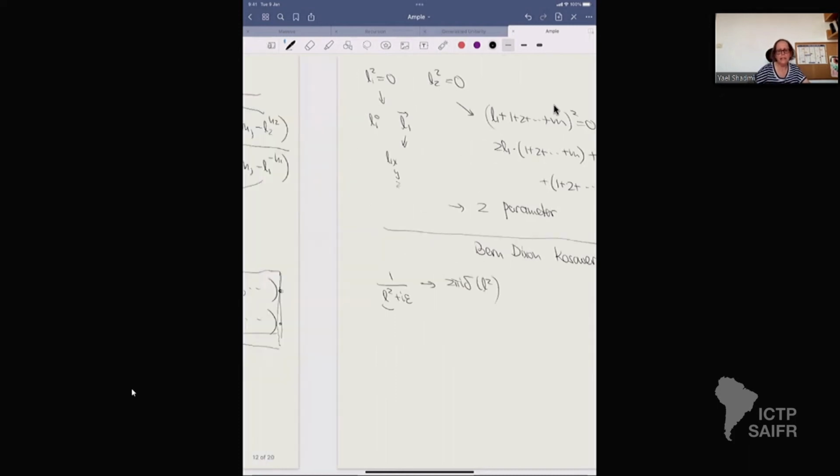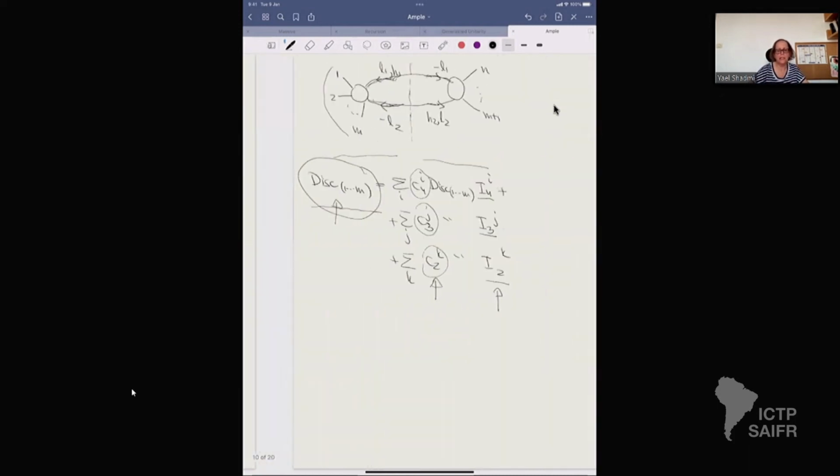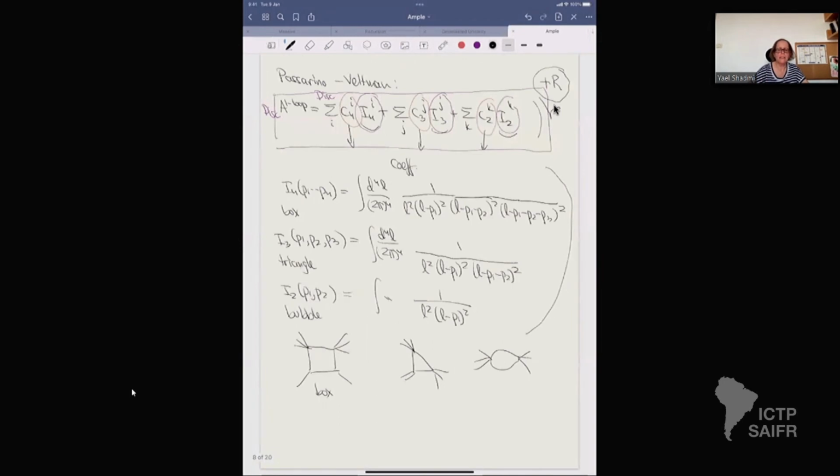And so now, again, the story is going to be that we look at the Passarino-Veltman reduction. We look at, let's say, the discontinuity on the left-hand side when we take 3 propagators on shell, and equate that to the discontinuity on the right-hand side when we take 3 propagators and put them on shell, and similarly for 4 propagators.